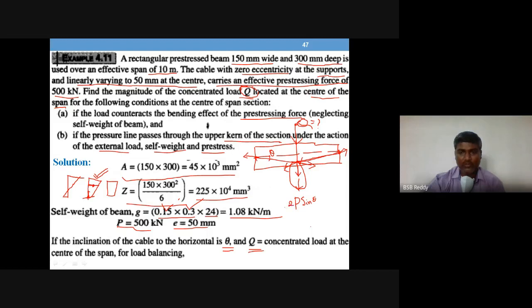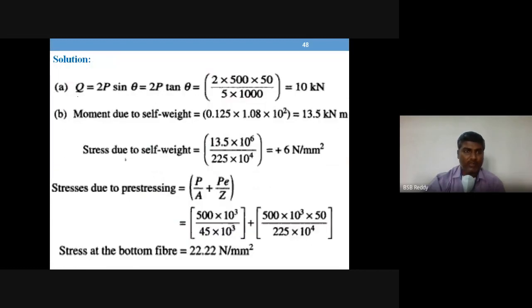So 2 times P sine theta shall be equal to the Q value. Okay. So that is what is given here. Q is equal to, the load shall be balanced by the reaction components of the pre-stressing cable, right? So those reaction components are P sine theta actually. There are two such reactions, so 2 times P sine theta.